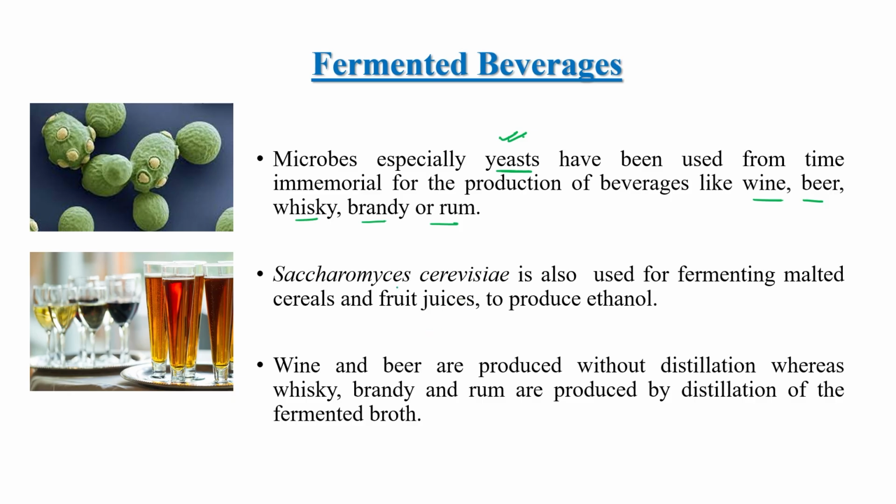Okay, so Saccharomyces cerevisiae is also used for the fermentation of cereals and fruit juice to produce ethanol. Which strain? Saccharomyces cerevisiae. We have to learn this. Wine and beer are produced without distillation, whereas whiskey, brandy, and rum are produced by distillation of the fermented broth.